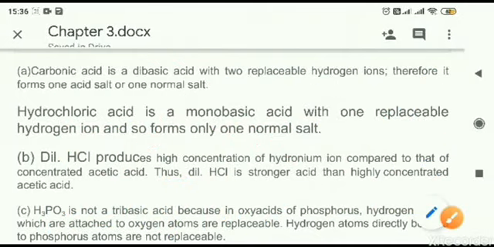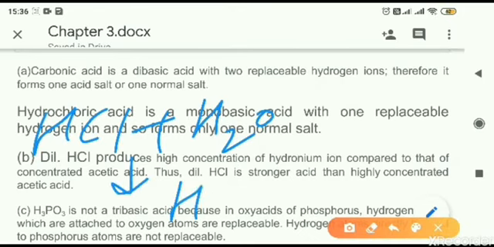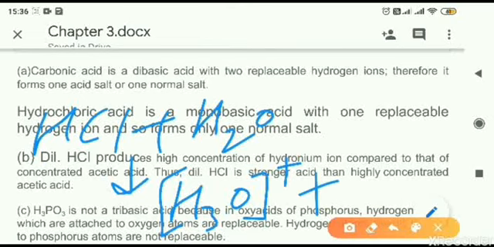So that is what is called acid salt and normal salt produced in this. On the other side, HCl will dissociate only one time. HCl dissolved in water, what we are getting is H3O plus, and the other one is the negative radical. What is the negative radical? That is chloride, Cl minus.